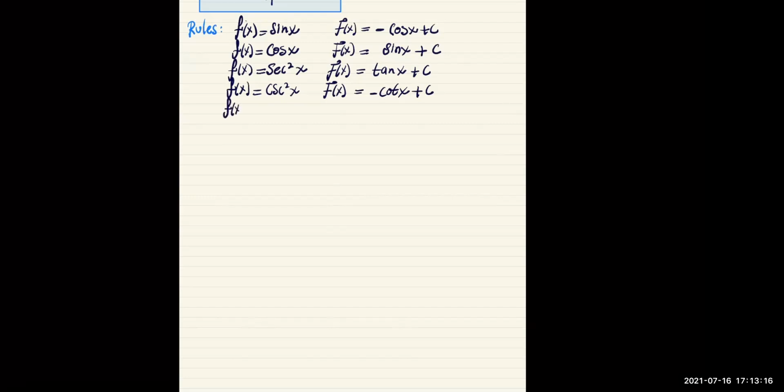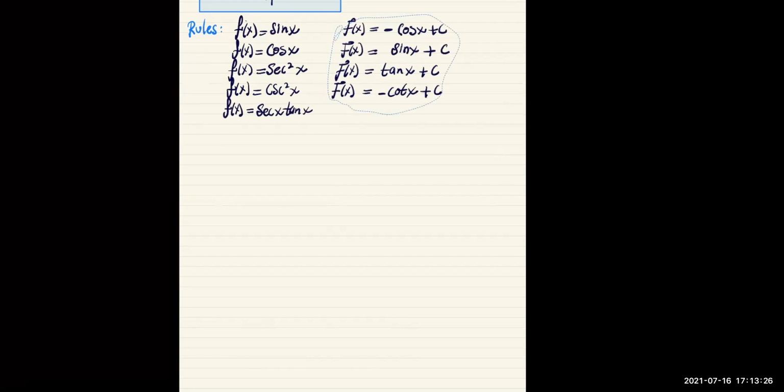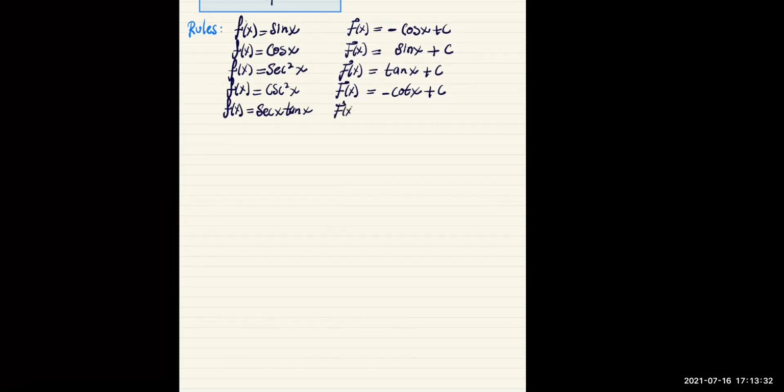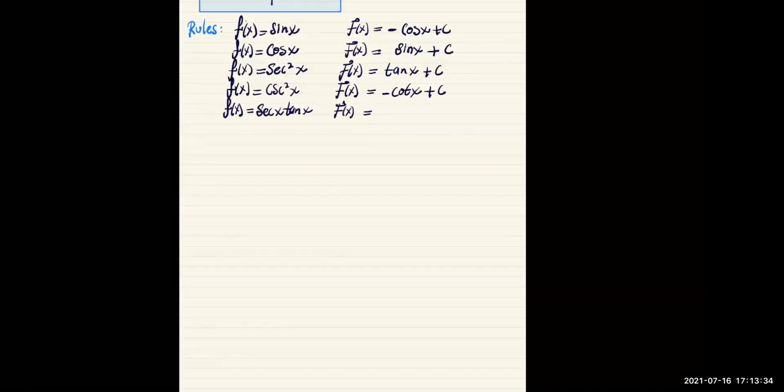The next one is secant x tangent x. You're like, wait, why is he choosing such hard functions? Because secant x tan x is the derivative of secant x.